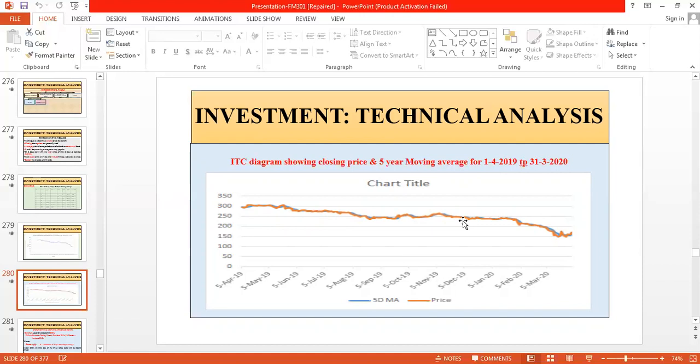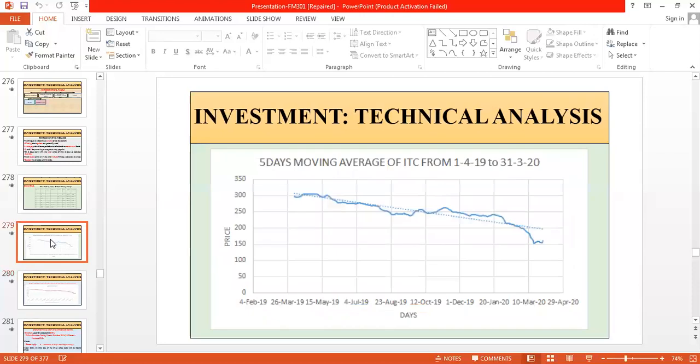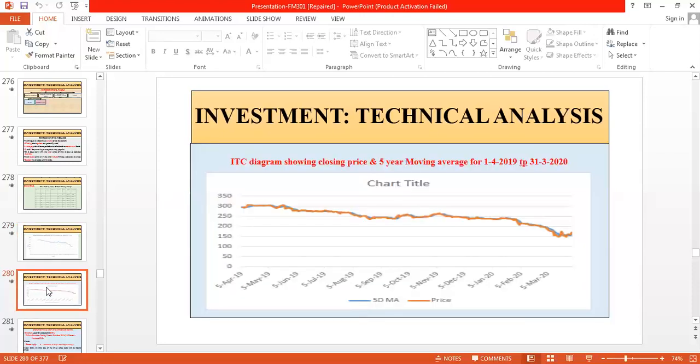This is the same diagram, but in this diagram, we have taken the price also. The brown line is price and the blue line is moving average. Just see, both lines have almost collided, but if you take them separately, then you will observe that the moving average is much smoother than your price movement.